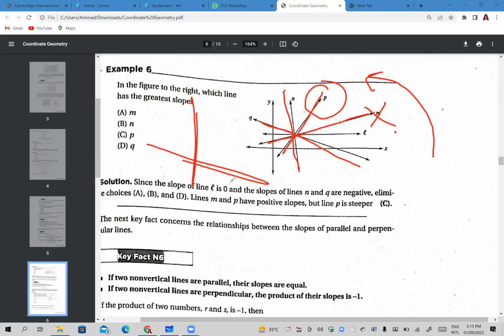Same goes for N as well. These two are negative slopes. P is an increasing slope. So P has the greatest slope. M and N have negative slopes, so the values are negative. You will only consider the positive slopes, and among them, which is the greatest.